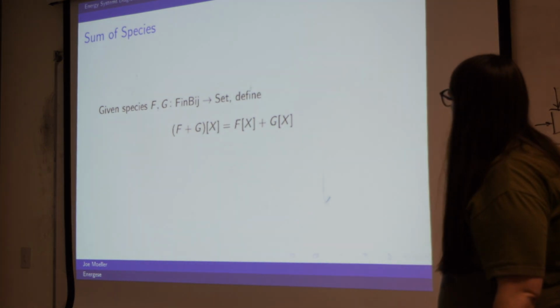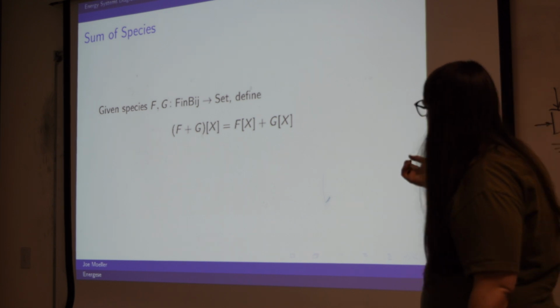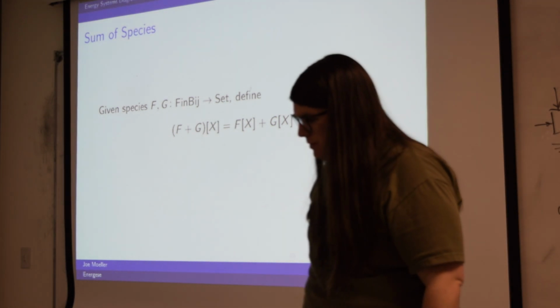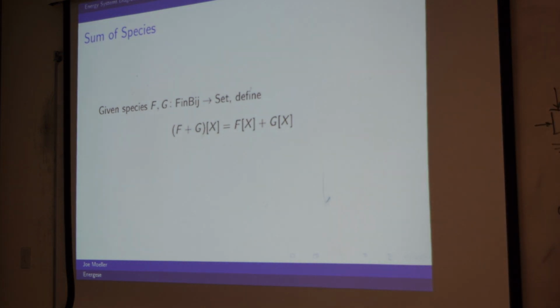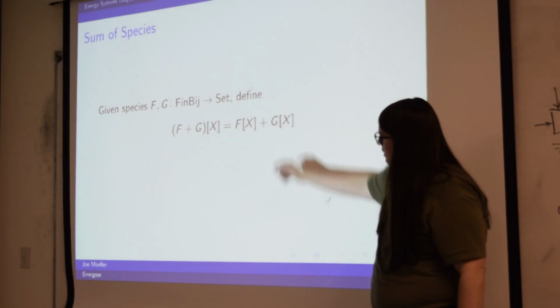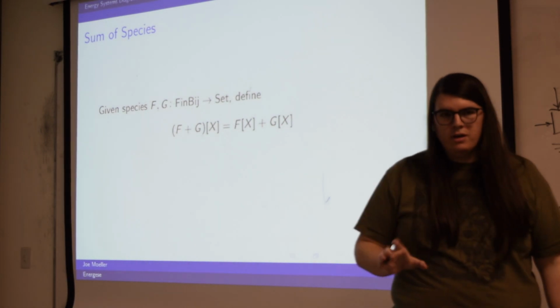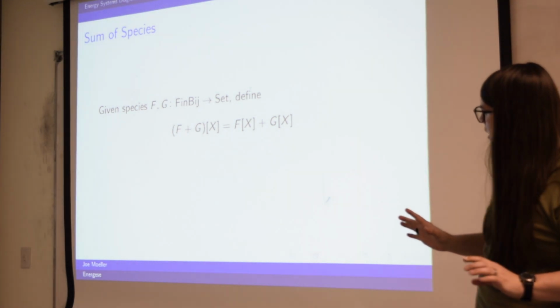So I'll just describe a few operations you can do on species. This one, where you take two species and you take the disjoint union of the set of structures that can be put on the set X, the set of F structures and the set of G structures.